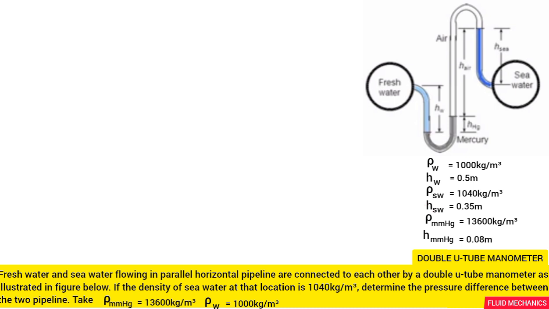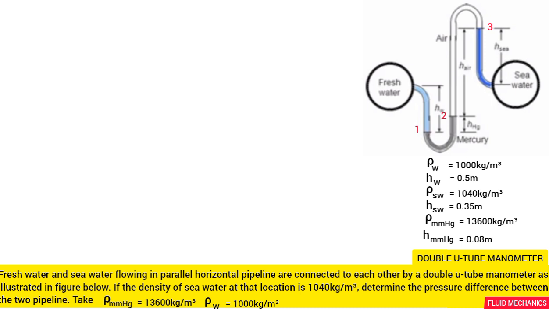So I will take the point where the water and the mercury meet to be 0.1. I'll take the point where the air and the mercury meet to be 0.2. And I'll take the point where the seawater and the air meet to be what? 0.3. Right?